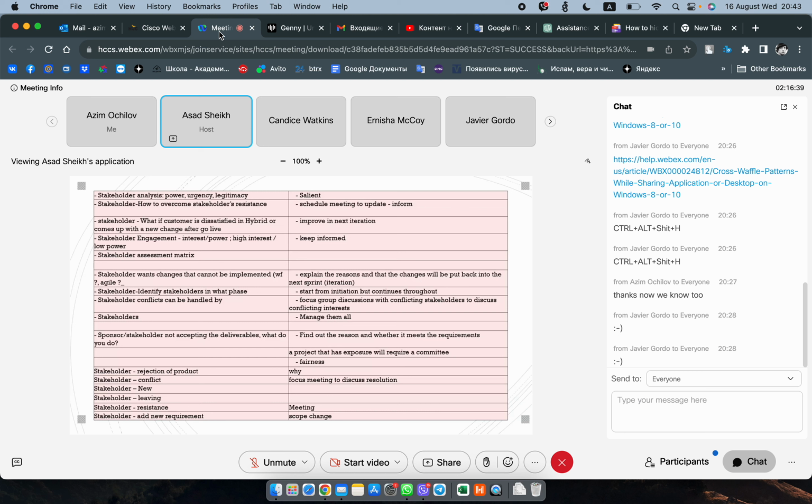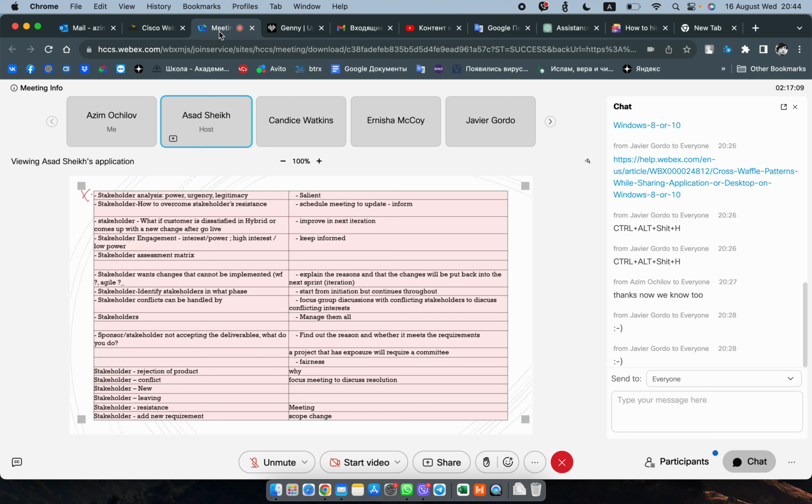Another question can involve power and interest. If you have a stakeholder with high interest and high power, or high interest and low power, you keep them informed.